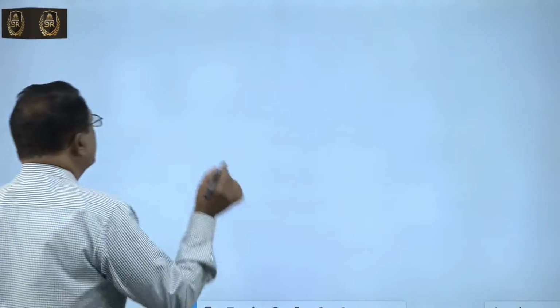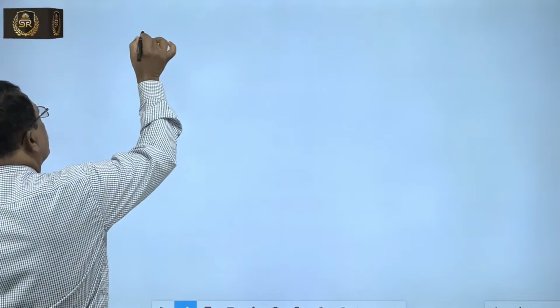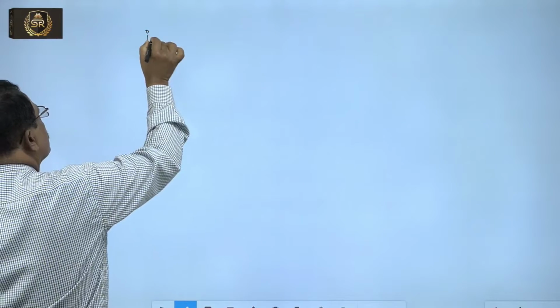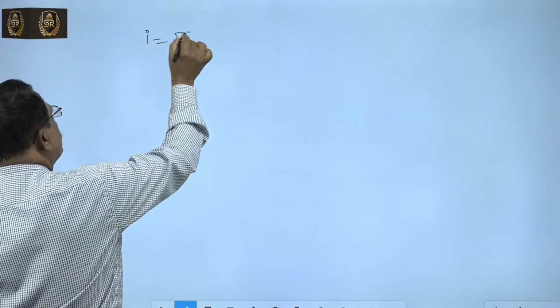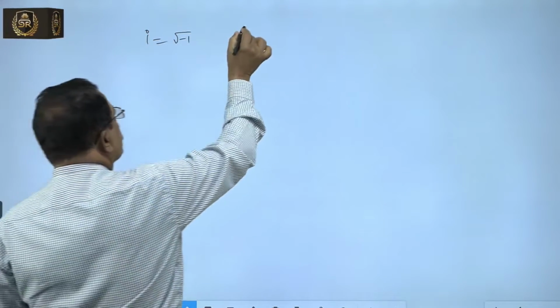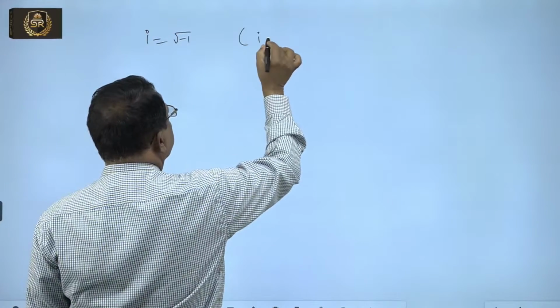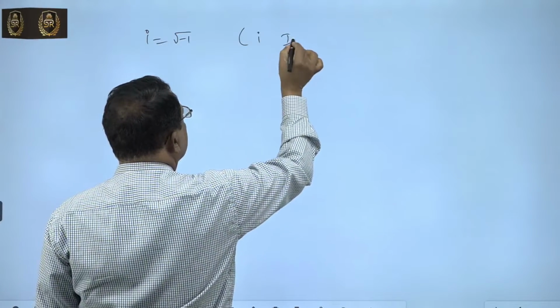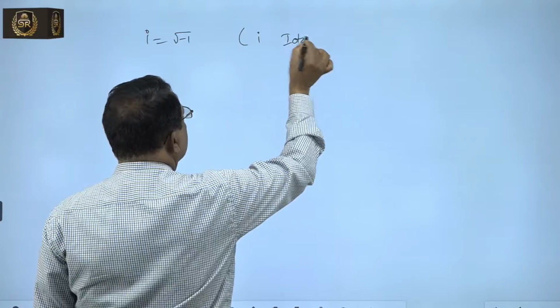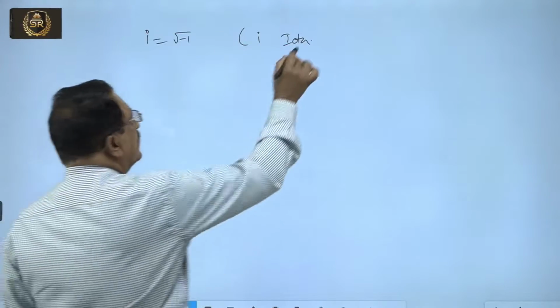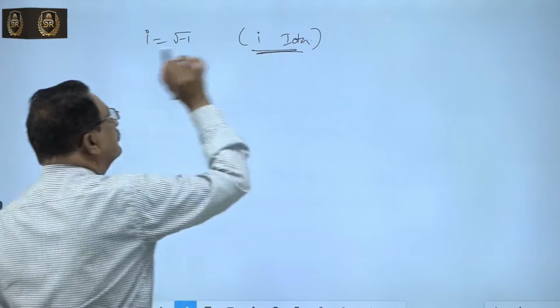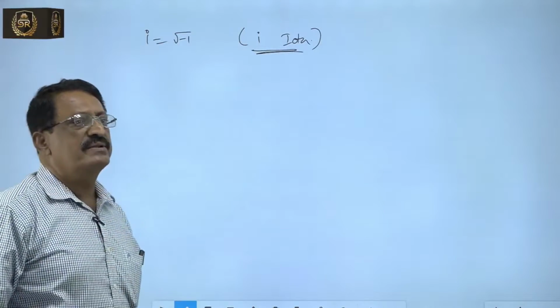Next, in this chapter always i equals square root of minus 1. i is also called iota. Now i equals root of minus 1.